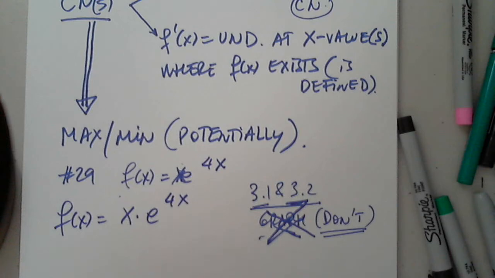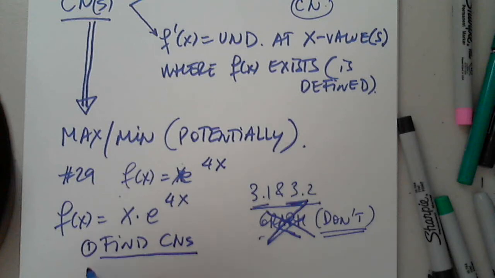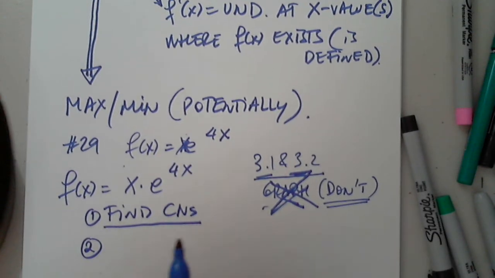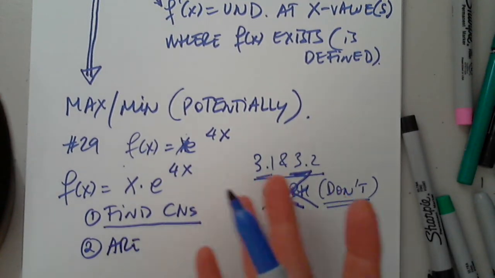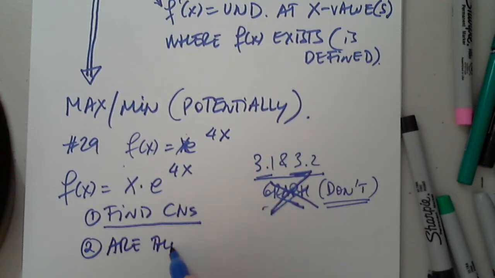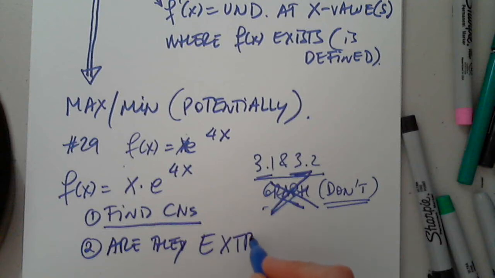So it's x times e to 4x. So the question here is asking us to find critical numbers. That's number one. And number two, if they exist, of course, are they extrema?